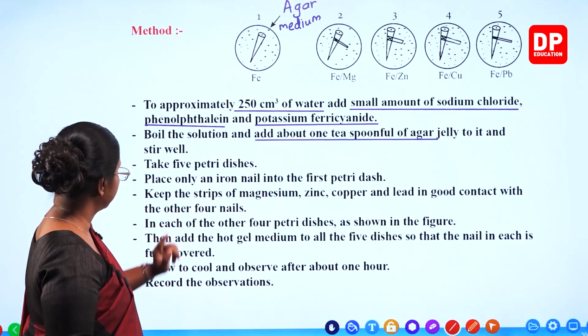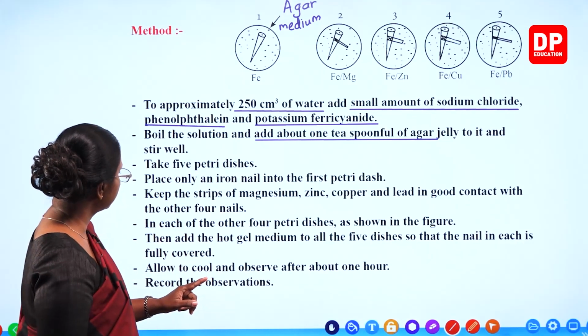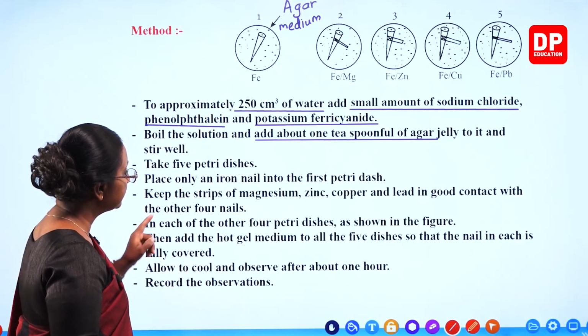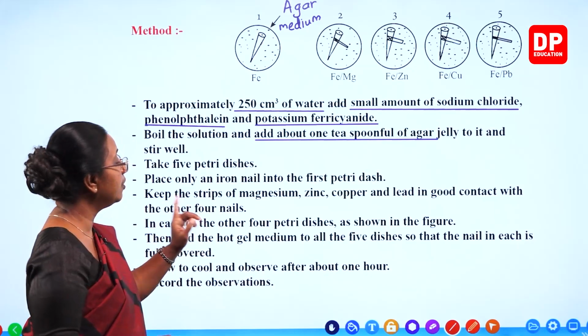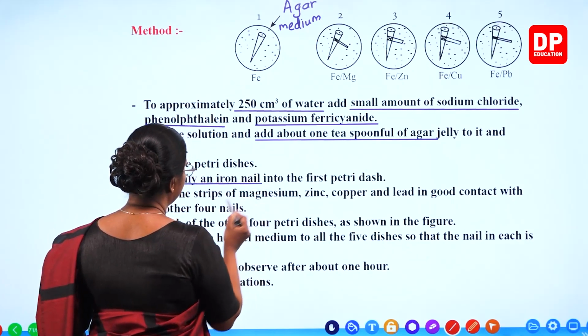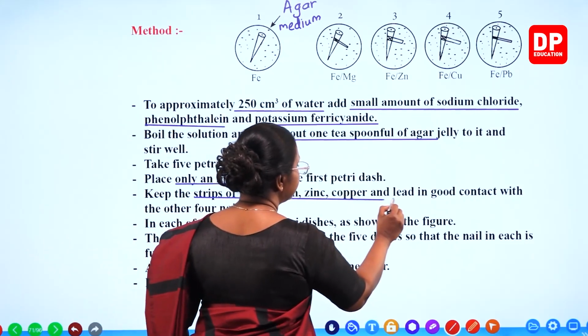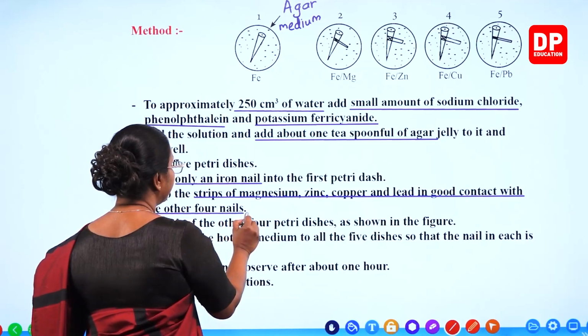Take 5 petri dishes. Place only an iron nail into the first petri dish. Keep the strips of magnesium, zinc, copper and lead in good contact with the other 4 nails. So in the first one, only an iron nail. Then strips of magnesium, zinc, copper and lead in good contact with the other 4 nails.